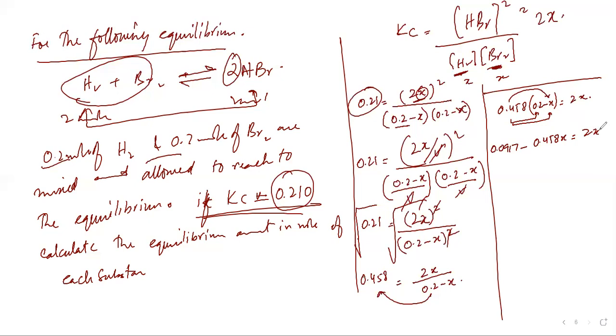Now let me bring all the x quantities on one side. So 0.0917 is 2x plus 0.458x, right?